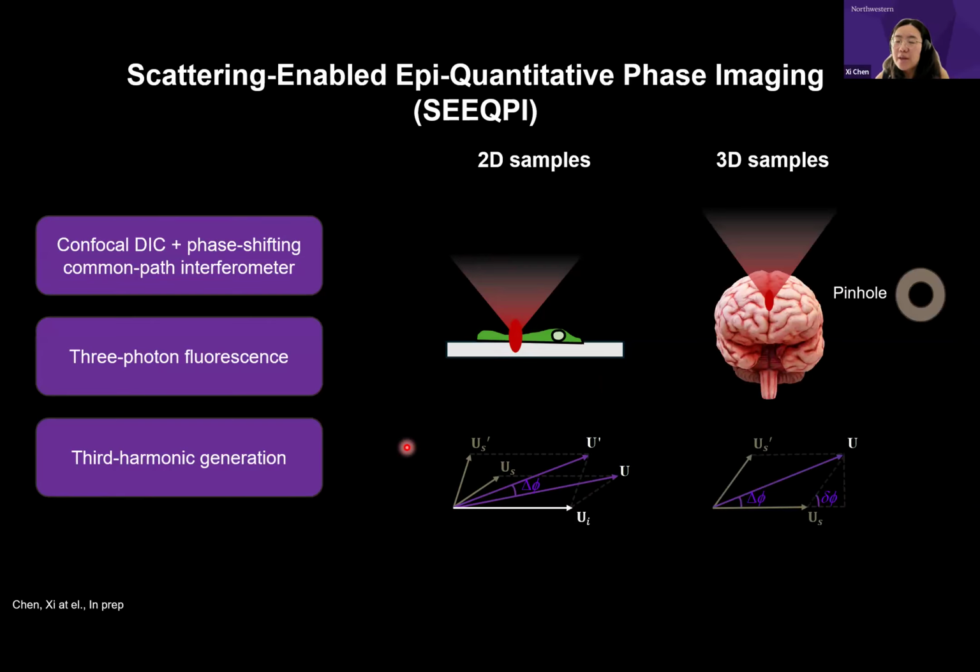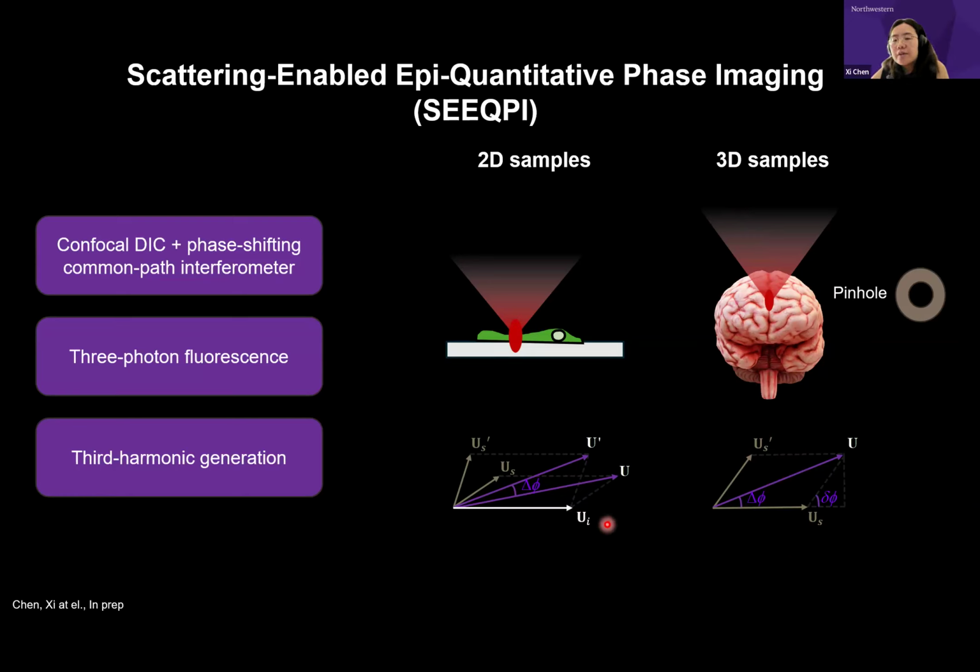However, for 3D samples, when we image 3D samples like organoids or brain, because of the pinhole, we actually reject all the incident light. So all you're detecting is the backscattered light that doesn't have any incident light information. So here you only have this US, and because of the DIC microscope, you have another closely shifted US prime, another light coming in. However, you do not have this UI.